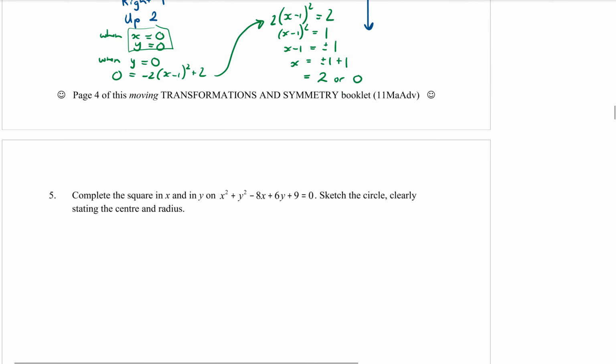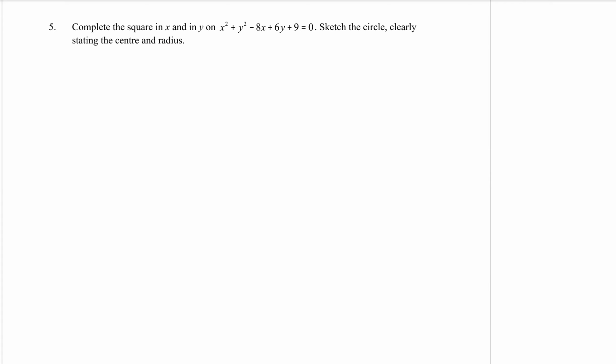And question 5. It says to complete the square in x and in y on x squared plus y squared minus 8x plus 6y plus 9 equals 0, sketch the circle clearly stating the center and radius.